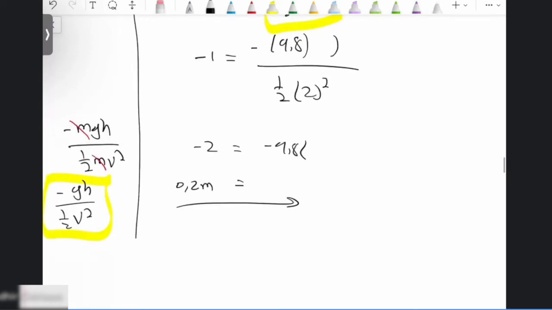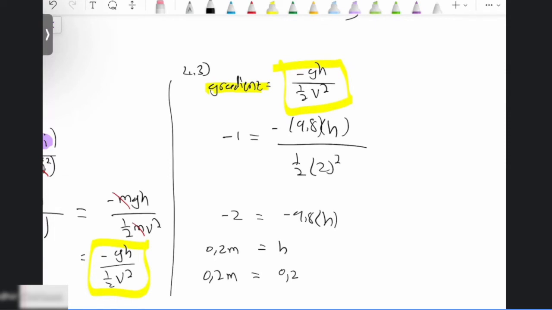So this should be 0.2, yeah, because it is h. So we could have actually kept it as h there, and there, and there. We should have said 0.2 m is equal to a height of 0.2.